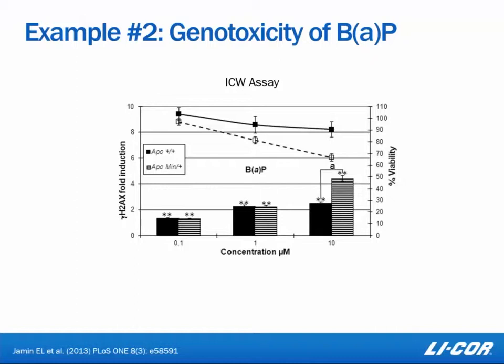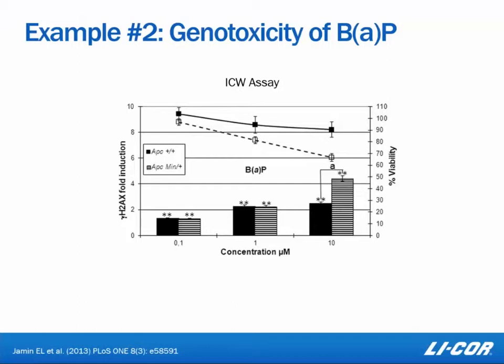Now, when we look at this graph, on the x-axis is the applied concentration of BAP. On the left y-axis, we have the quantified amount of phosphorylation for histone H2AX as measured by the In-Cell Western Assay, and this axis will correlate to the bar chart. On the right y-axis is our cell viability as measured by our In-Cell Western Assay DNA stain, and this axis will correlate to the traces shown.